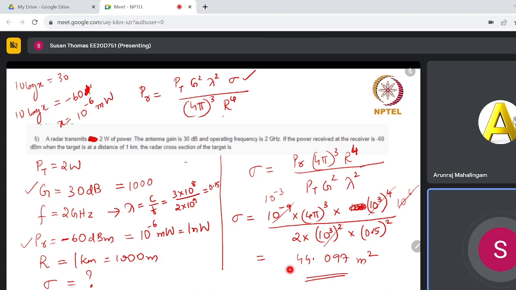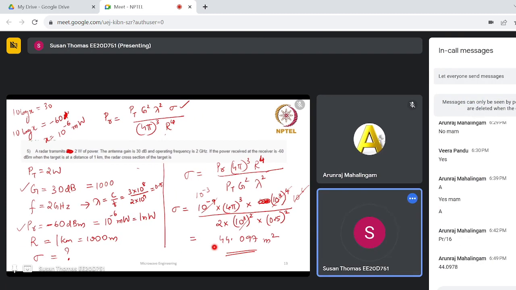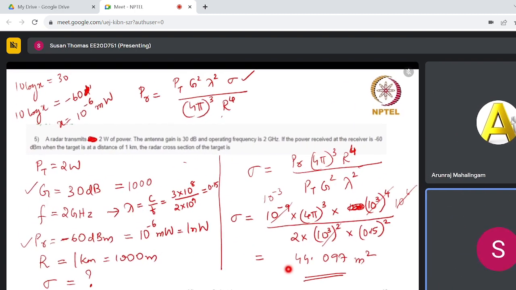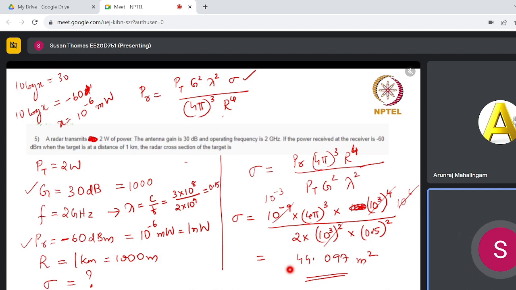Yes, the right answer is 44.097. Your answer is right. So the radar cross-section unit will be meter square.